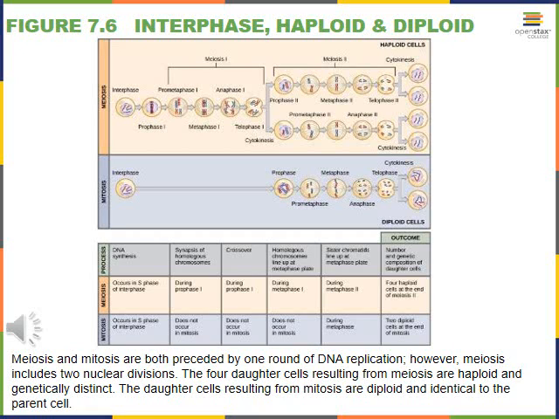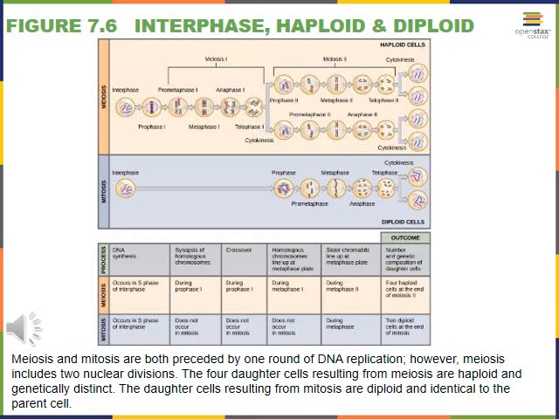Okay, crossing over happens during prophase 1 in meiosis, but does not occur in mitosis at all. Homologous chromosomes line up at the metaphase plate, whatever they want to call that. That happens during metaphase 1, and again does not occur in mitosis at all.